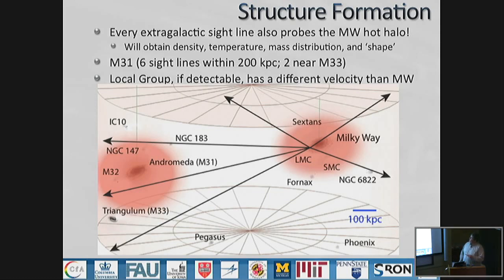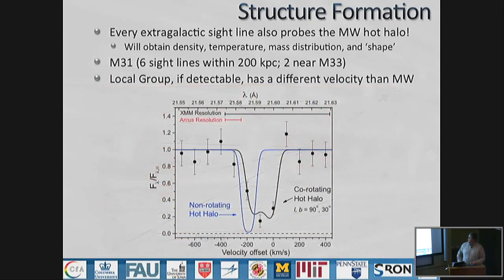We also note here that if we can see gas in the local group, and the question is just how much of it is out there and what the equivalent widths are, it will have a quite different velocity than the Milky Way. Can we actually see that? For example, let's look here in our own halo of our galaxy. This is Arcus's resolution. Here's, for example, the XMM resolution.